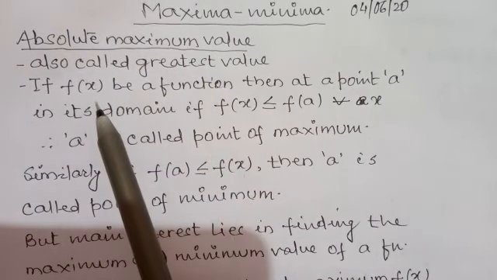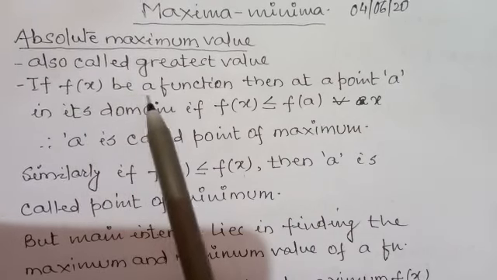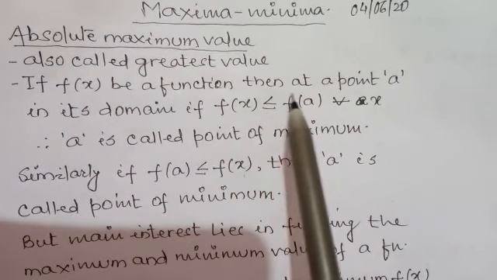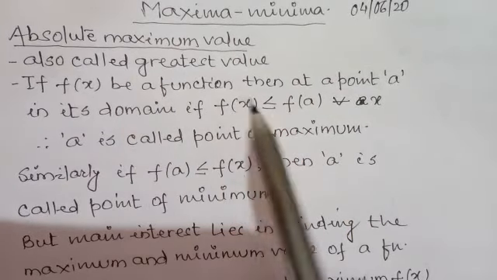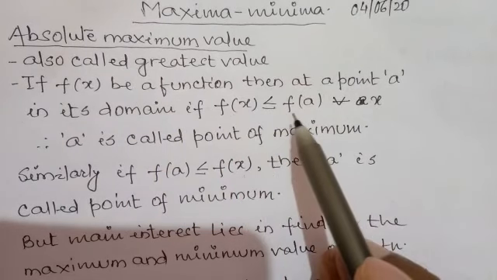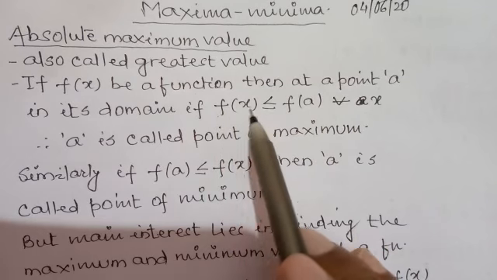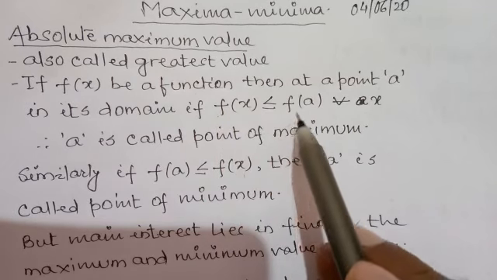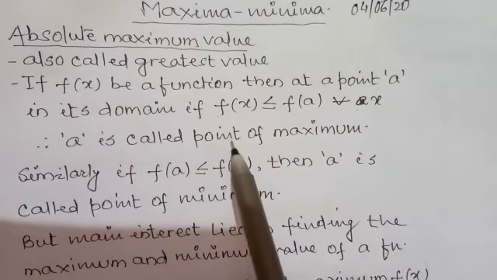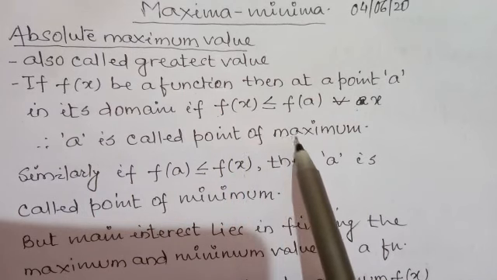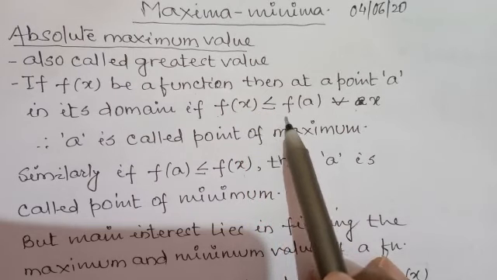If a function is represented by f(x), suppose f(x) is a function, then at a point a in its domain, if f(x) is less than or equal to f(a) for all x, then a is called point of maximum.